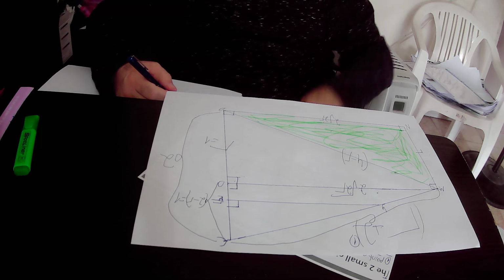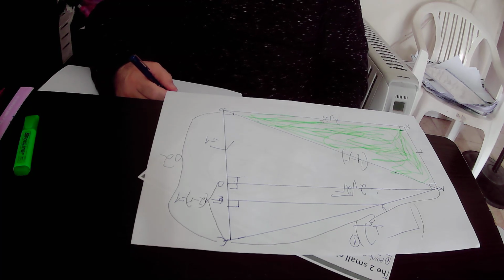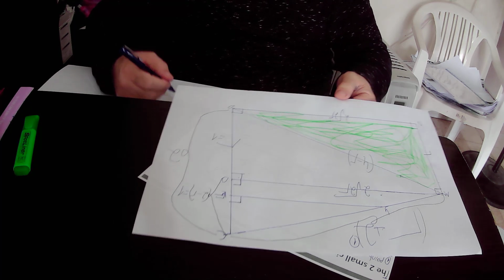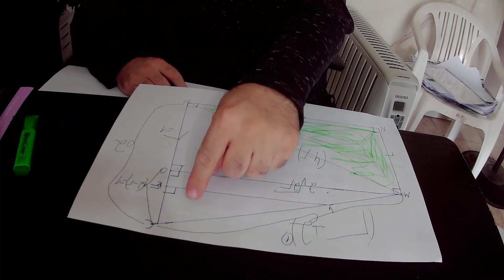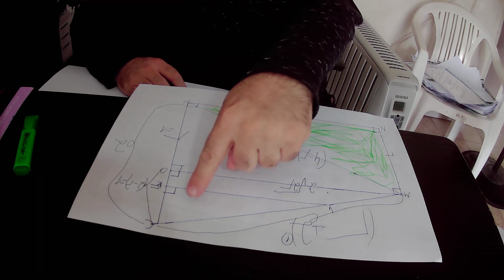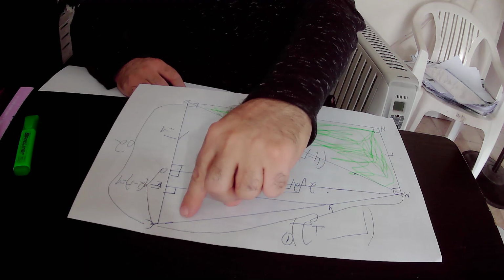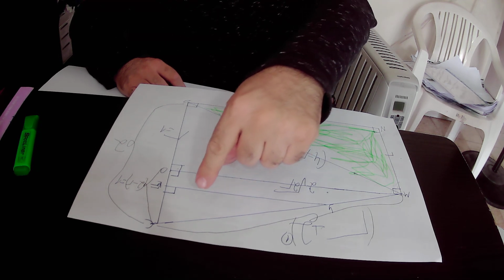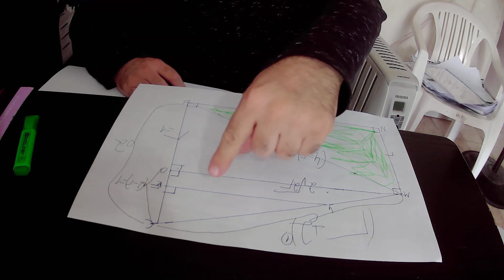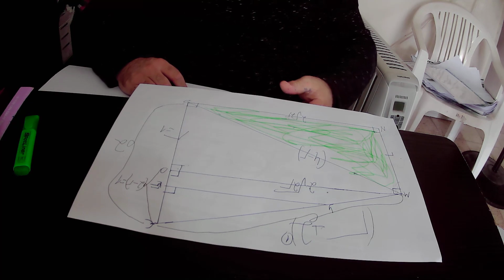So in the next step, we will prove that the right triangle CDM is similar to the right triangle CEY.